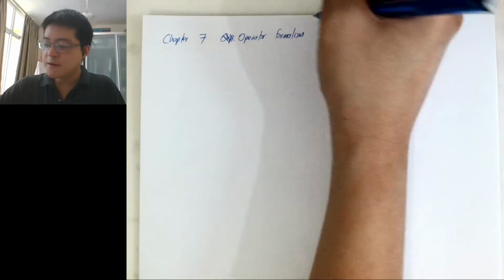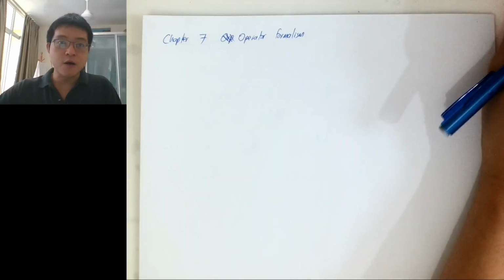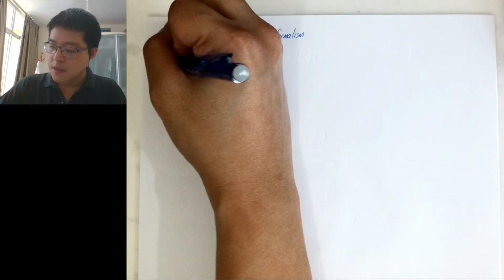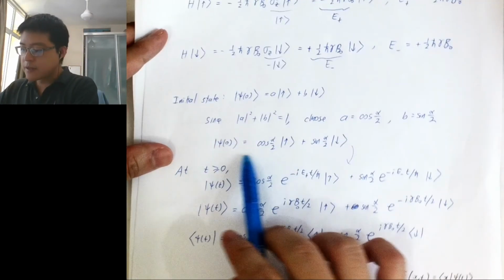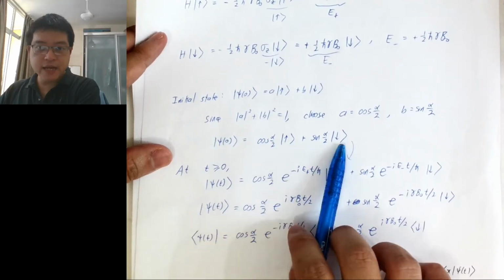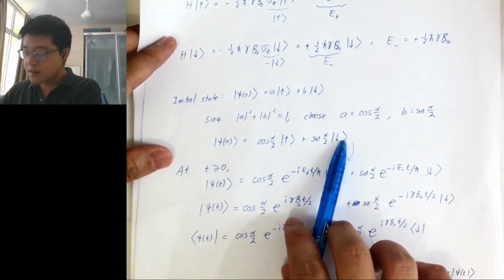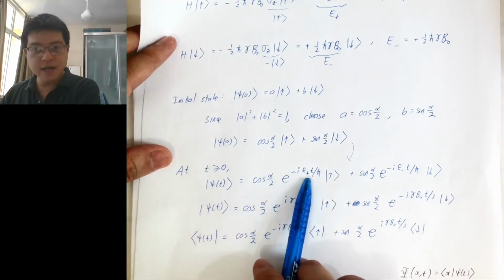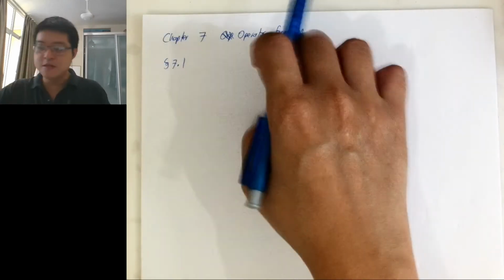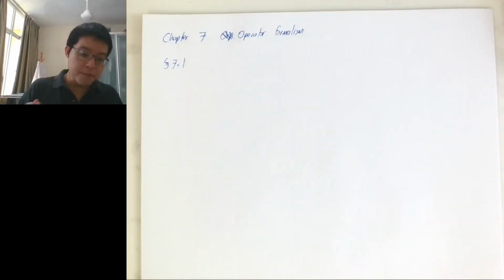It just means we are talking about operators in this chapter. The first thing is a brief discussion. Just now, if you forgot, if I know that these are eigenstates and this is the initial state, then at any time t, I can jump to this. So we will explain again here in a bit more detail.